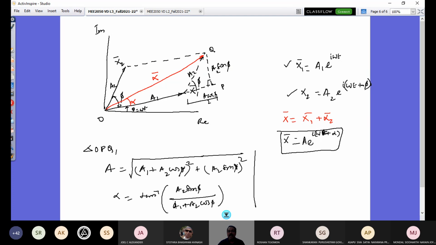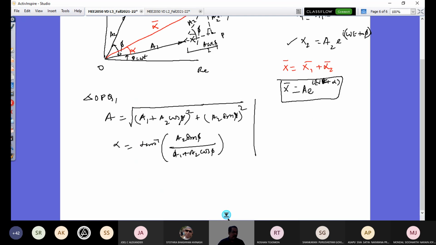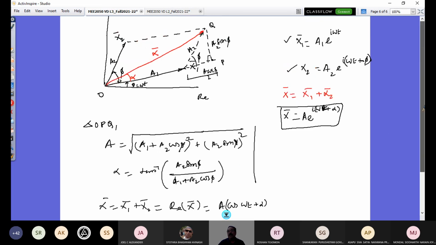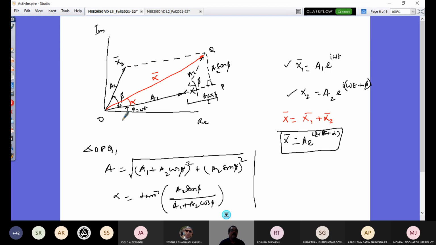So if I have this, then I would have my vector x, which is x1 plus x2, and that's going to be the real part of x. It's going to be A cos omega t plus alpha. What is the real part of it? The real part of it is when I project it, I'll get it.